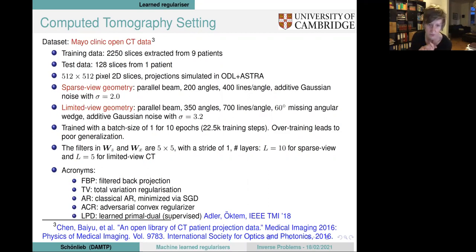It's called learned unrolling or learned primal dual scheme. And here, in parentheses, this is supervised in the sense that you really need pairs of images and data in order to train this.